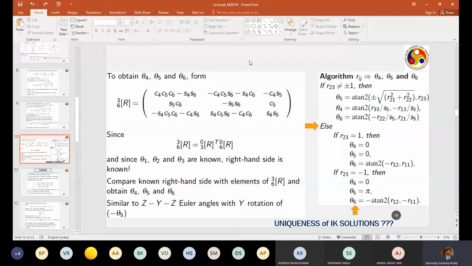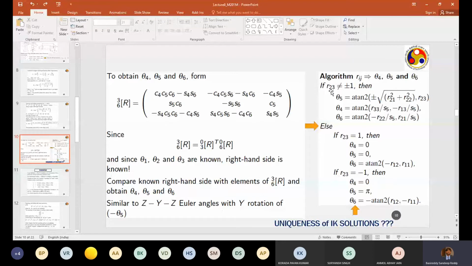And this is the algorithm that is shown over here. You can go and try and match it, for example, with the algorithm for ZYZ Euler angles. And here also, there were certain cases that we calculated when the algorithm would fail.